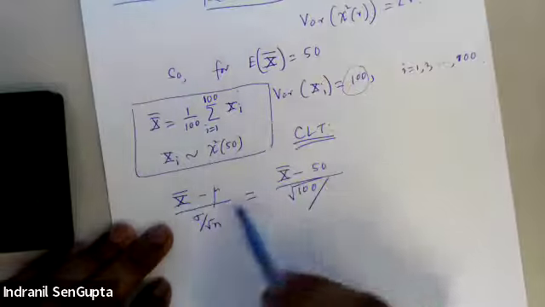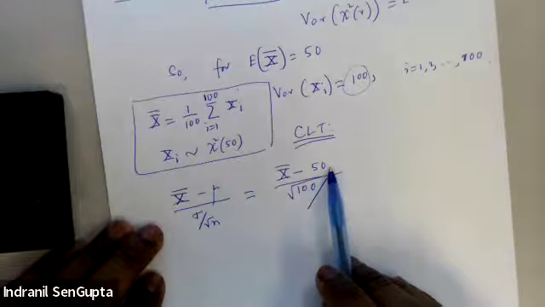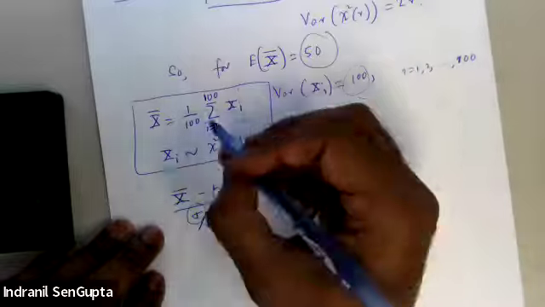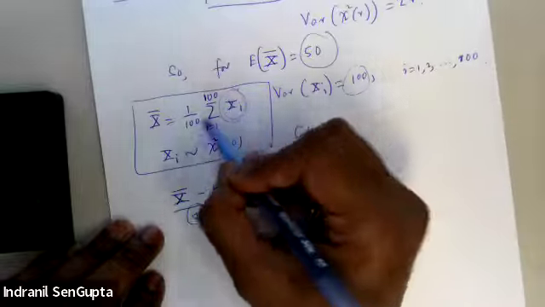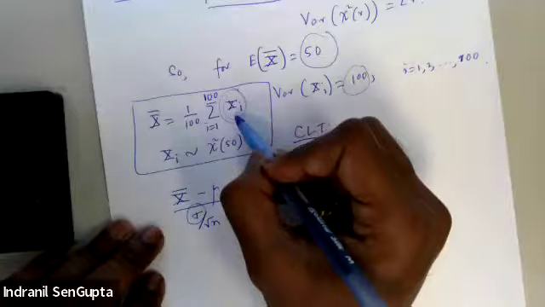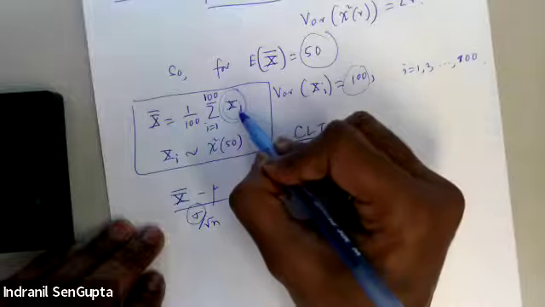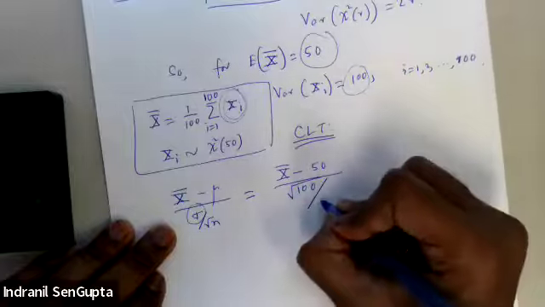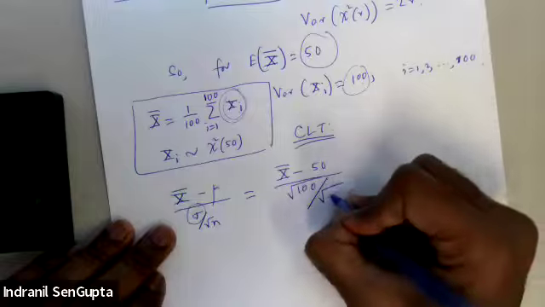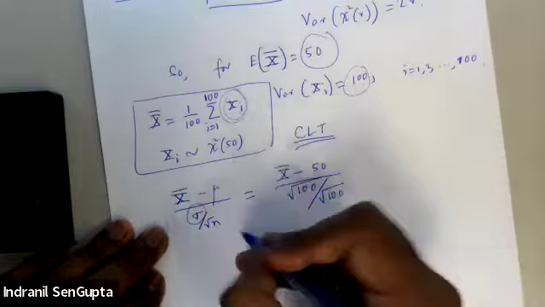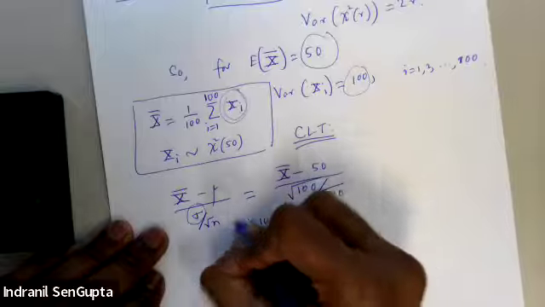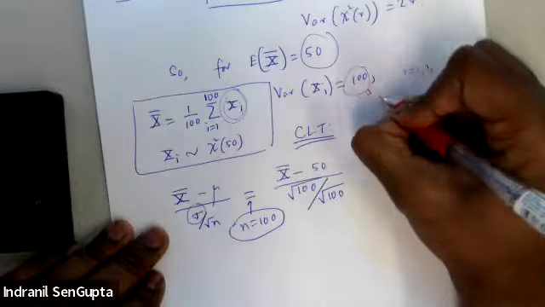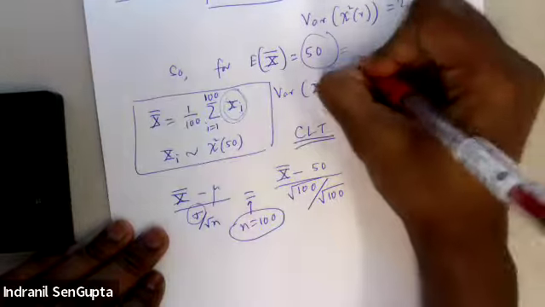Here x bar is x bar, mu is 50, sigma corresponds to the individual random variable, so it's square root of 100, and then we have square root of n, because n is 100. So I'm using this one as sigma squared and this one as mu.